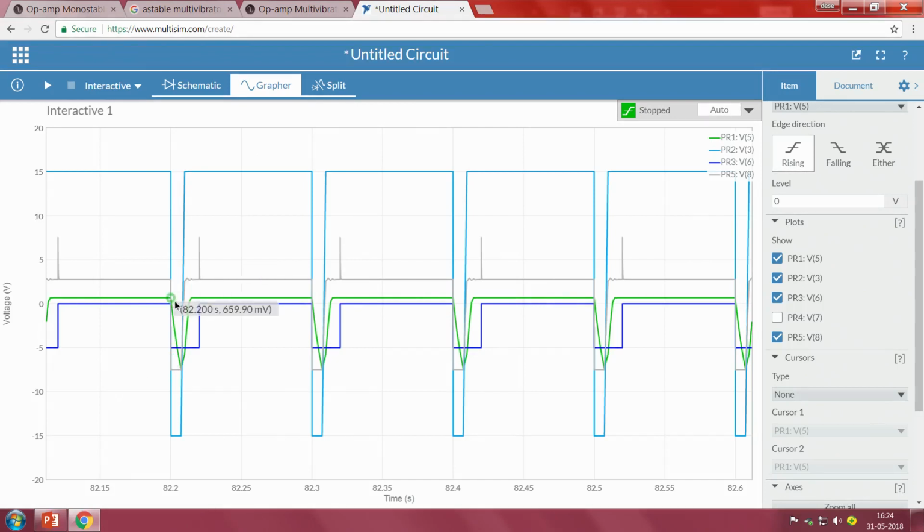Now the capacitor started discharging. Since the threshold value is 7.5, when you observe minus 7.5, whenever the VA value reaches below minus 7.5, that is our lower threshold value, then it makes the output go to plus VCC, that is what we can see, right.